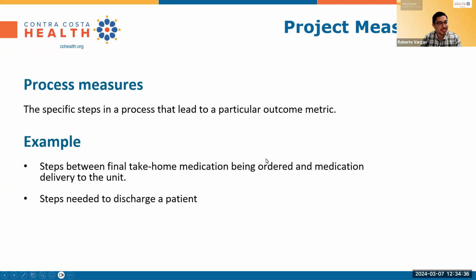And then I'll move forward to the next slide. So process measures. A process measure is the specific steps in a process that lead to a particular outcome metric. So this is what's going to contribute towards that mile time getting better. And it very well may be, well, I've got to make sure that I'm eating healthy, and there are some things I can do to eat more healthy. It could even just be, let me count my calories, or let me see how much water I'm drinking on a daily basis, and measuring how much water I'm drinking.